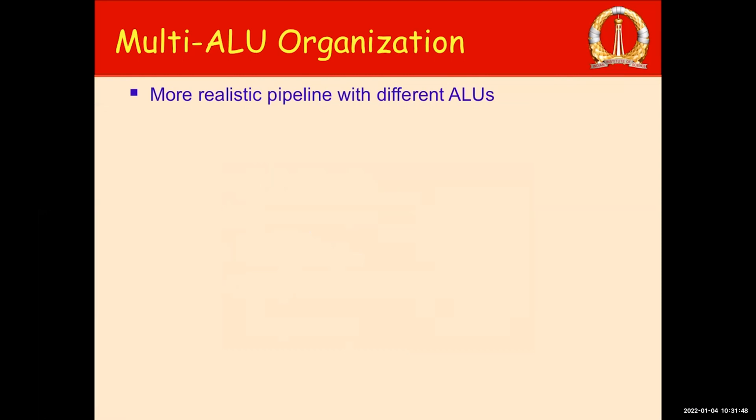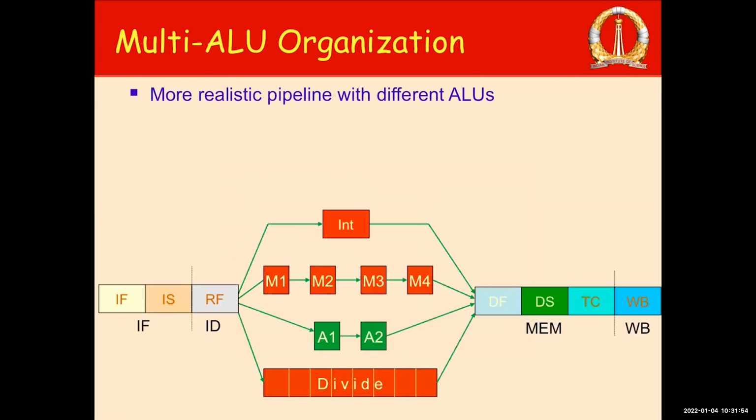So up to now, what we have seen is a simple five-stage pipeline, right? But in practice, pipelines are much more complex than what you have seen so far. It will have multiple stages of instruction fetch, and the execute stage is not necessarily just a single stage.